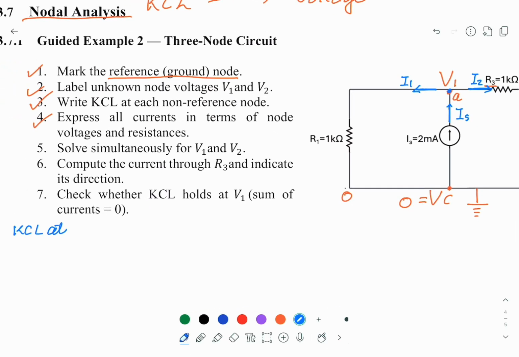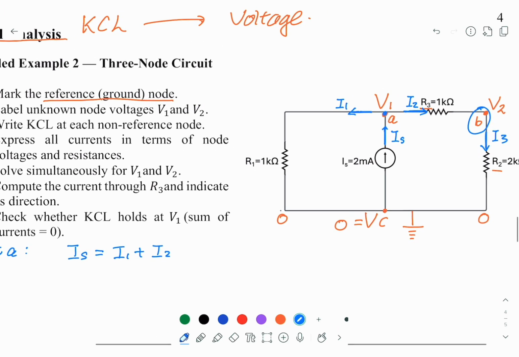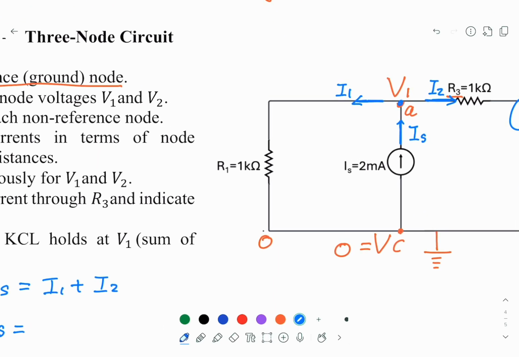KCL at A: IS, the current in, equals the current out. Now we want to express this in terms of the voltage and the resistance. What I mean, IS remains unchanged, but if you look at I1, this is also I1.